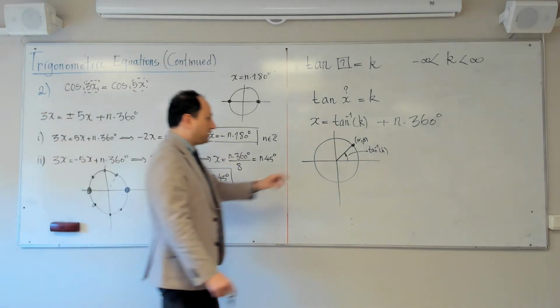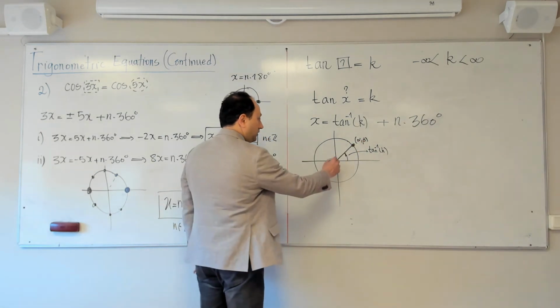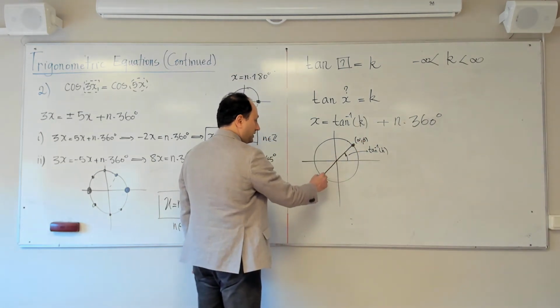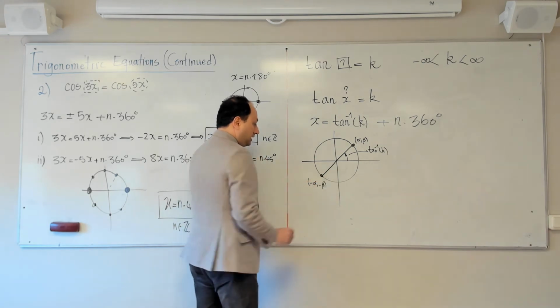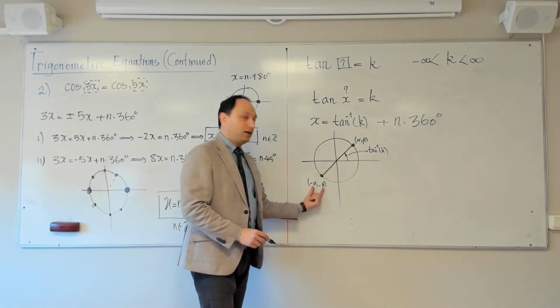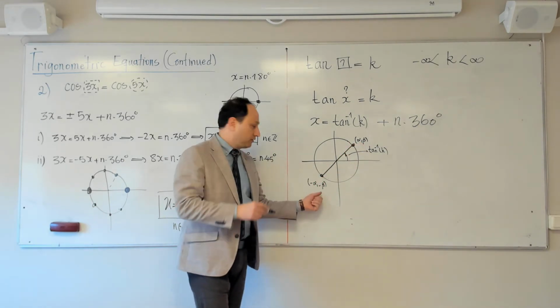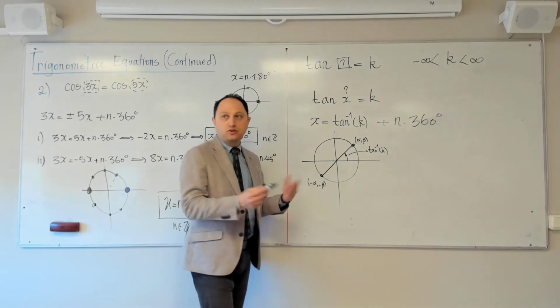So this is important. If the coordinates of this point are alpha and beta, can you tell me the coordinates of the point exactly opposite to it? It's minus alpha and minus beta. Both of them are different from these. But when I'm talking about tangent, I have to divide the y coordinate by the x coordinate. When I divide that, these minus signs are gone.